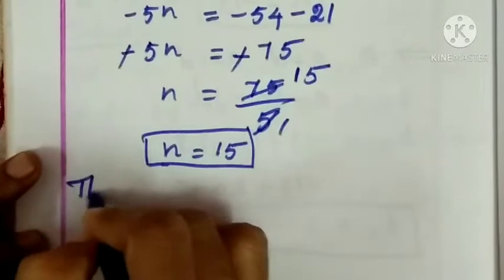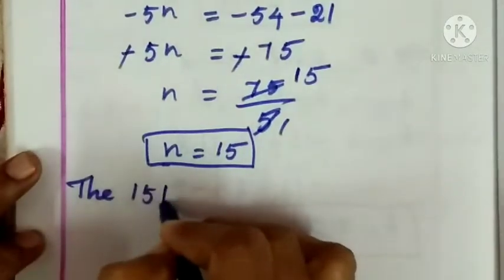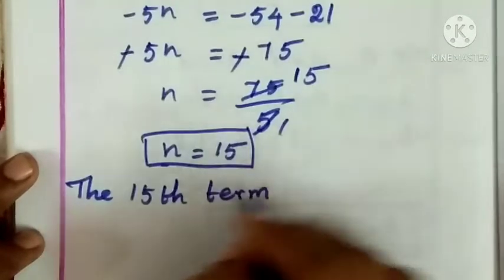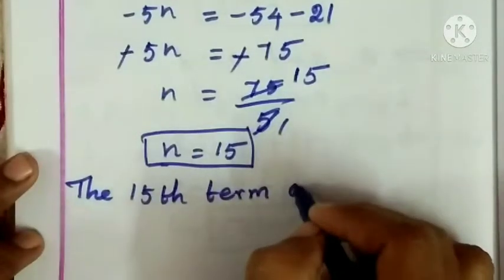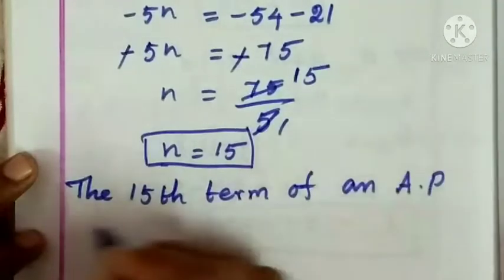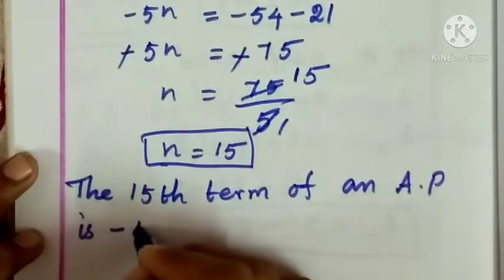The 15th term of an AP is minus 54. Let us see another method for doing this sum.